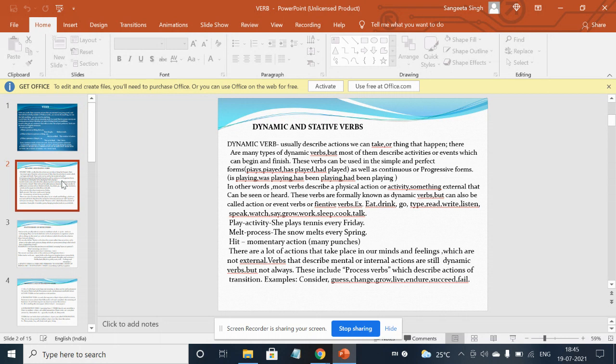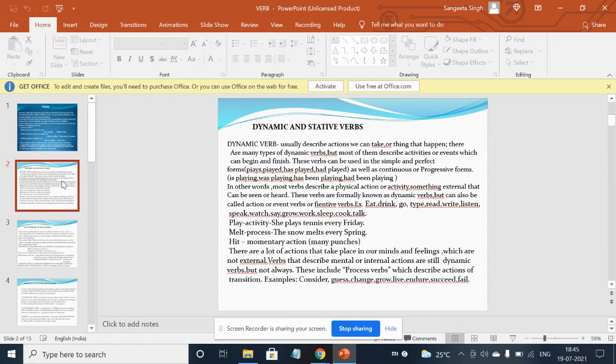These verbs can be used in the simple and perfect forms, as for example, plays, played, has played, had played, etc., as well as continuous or progressive forms: is playing, was playing, has been playing, had been playing, and so on.